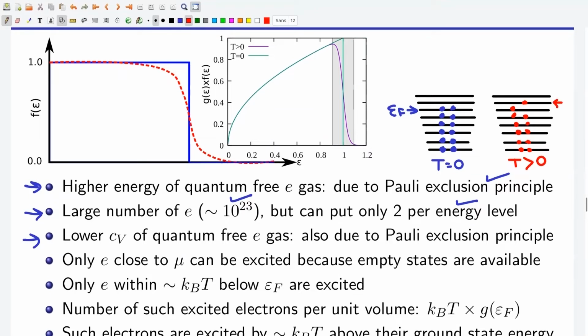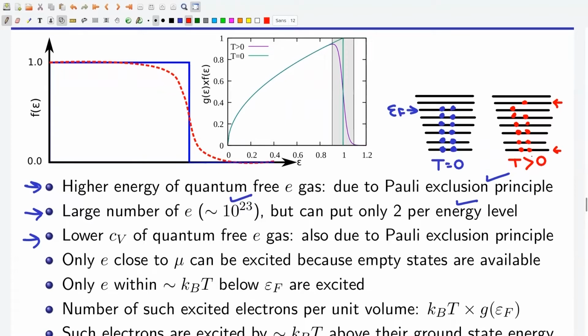Note that I cannot excite this electron which is lying at the bottom to the next energy level because the next energy level is already full. So only the electrons close to the Fermi energy can be excited, not all the electrons. Electrons close to the ground state energy cannot be excited because there are no empty states available to put them.